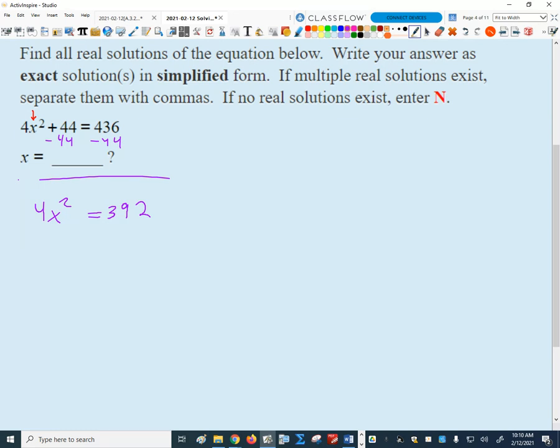Not yet. Not yet. We're not there yet, right? We gotta reverse the order of operations. Oh, so we divide by 4. There you go. Okay, good. So first we added or subtracted. Now we're going to divide each side by 4. Okay, and so we end up with x squared equals, what's that going to be? 98.